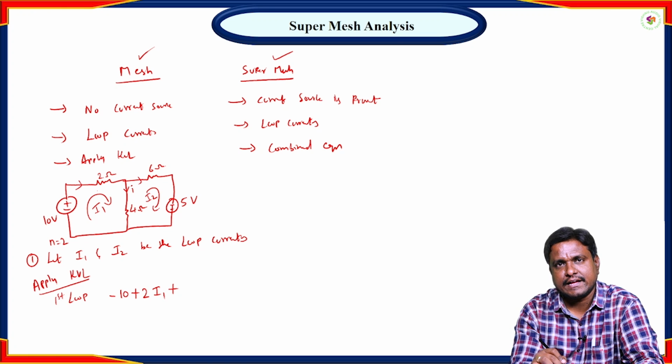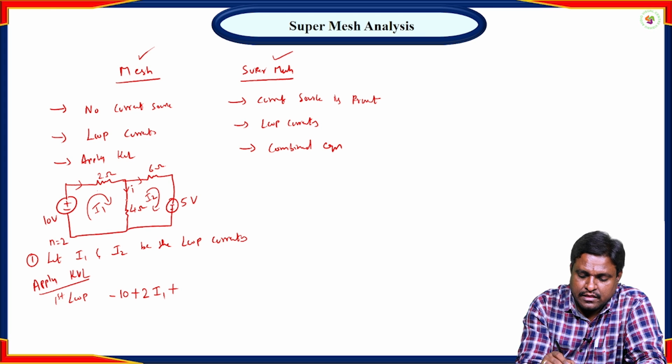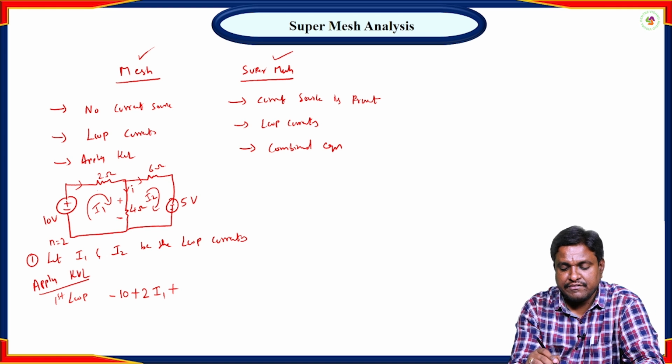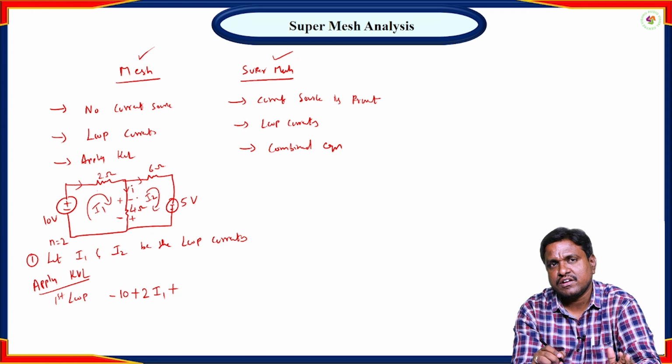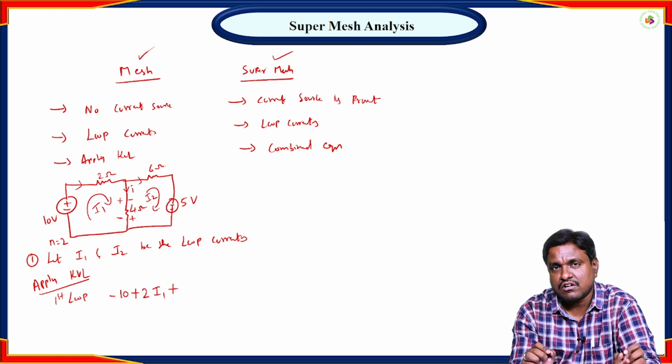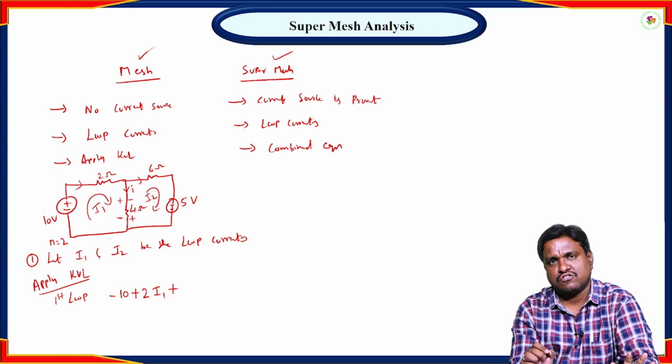So how to write the equation of the voltage for the particular branch? Plus, with respect to the first current I1, the current is entering in this direction, right? So here we get positive potential, and at the end we get negative potential. Whereas coming to I2, current I2 is flowing in this direction, so here I get positive and here I get negative. If there is any branch, when the current starts passing through that branch, at the start you get the highest potential and at the end you get the lowest potential.